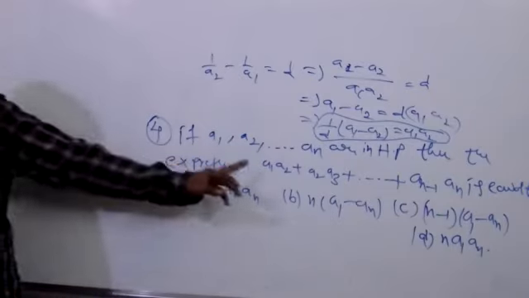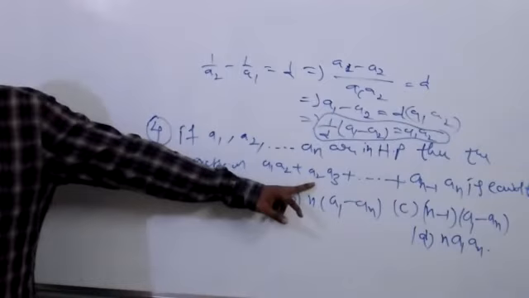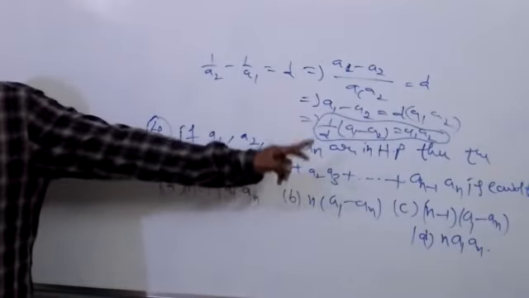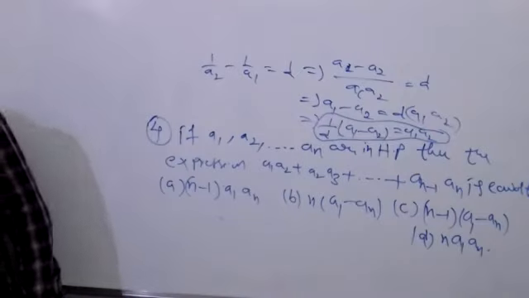Now the whole expression is 1 upon D into (A1 minus A2) plus (A2 minus A3) and so on plus (A(N minus 1) minus AN).